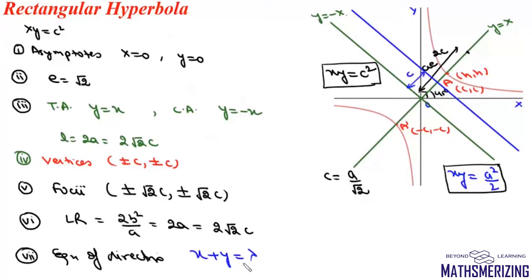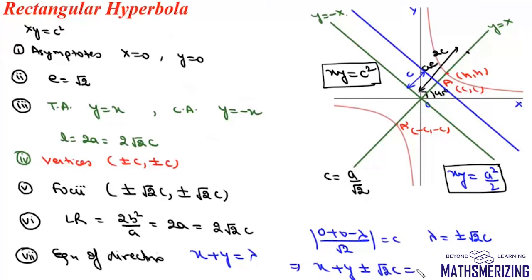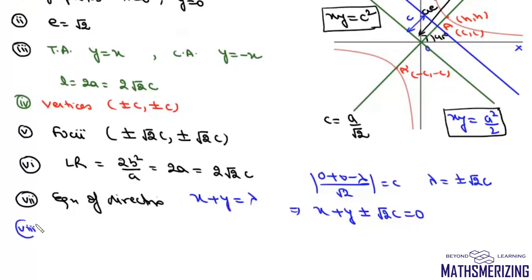So if we find perpendicular distance from origin, then we'll get 0 plus 0 minus lambda upon root 2. It is c. So value of lambda is plus minus root 2c. So equation of directrix of this hyperbola will be x plus y equals plus minus root 2c.